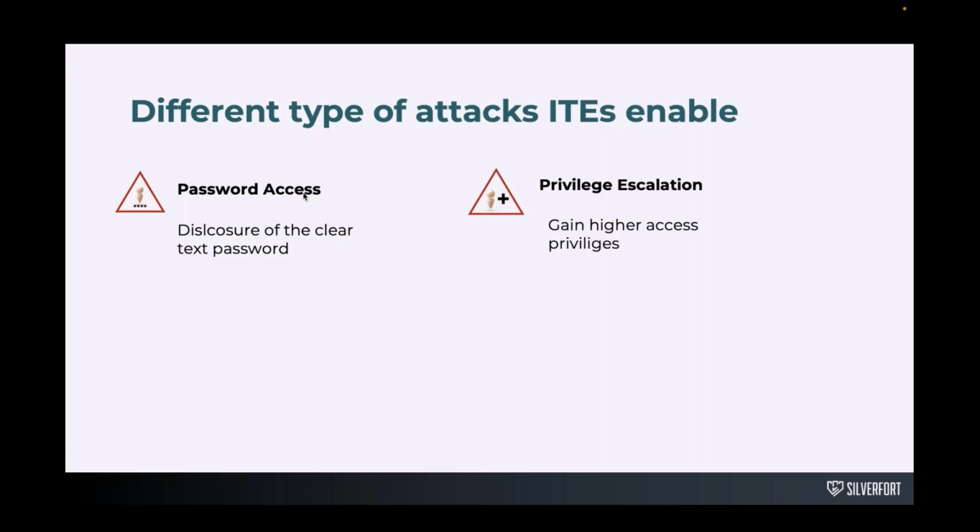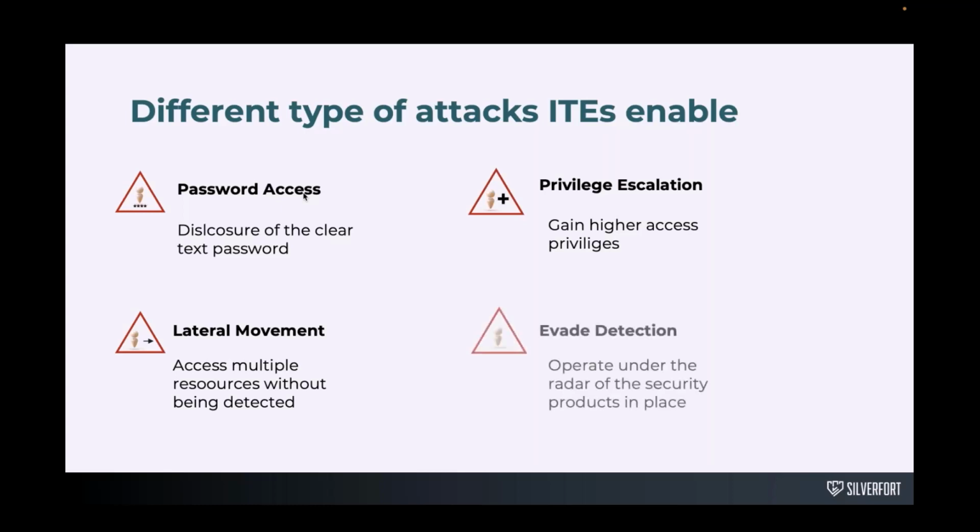If the attacker has a hold on a low privilege account, the ITE will enable them to elevate their access privileges and access more resources. There are ITEs that facilitate lateral movement, enabling the attacker to access multiple resources without being detected. And there's also a fourth group, which assists the attacker in evading detection.